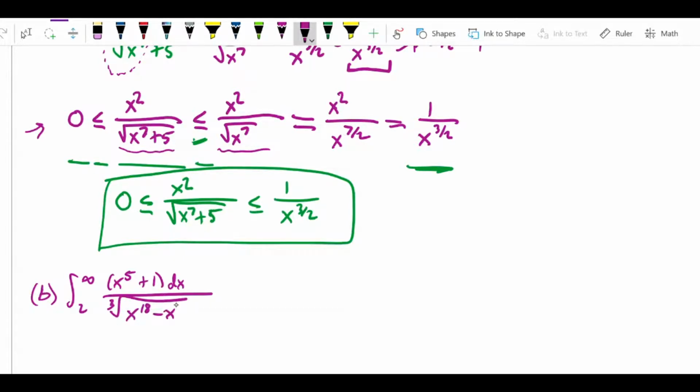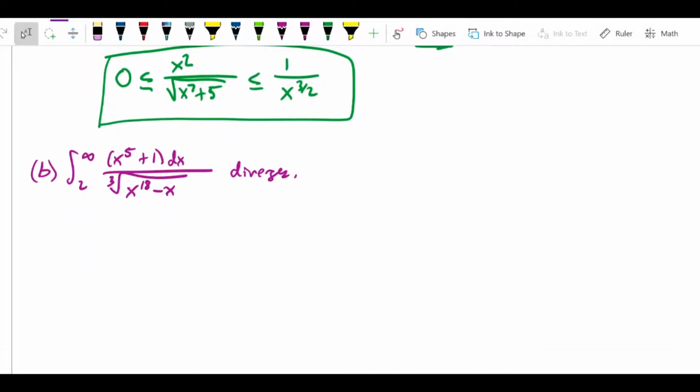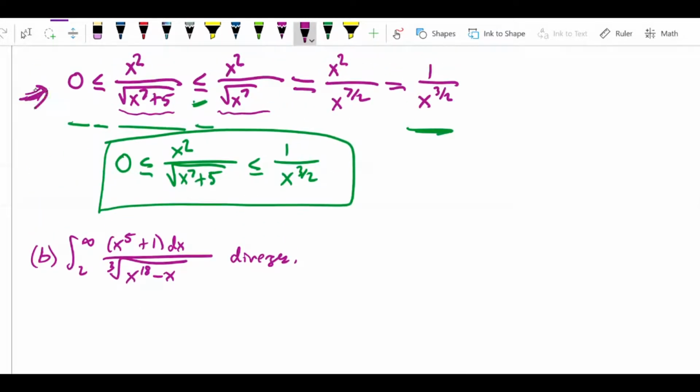Here I want to show that this diverges, which means I'm going to need to show that this integrand is greater than a known divergent integrand. I can do this without intuition, because I'm just going to use this process to construct the right inequality.